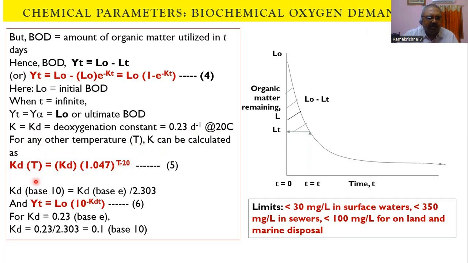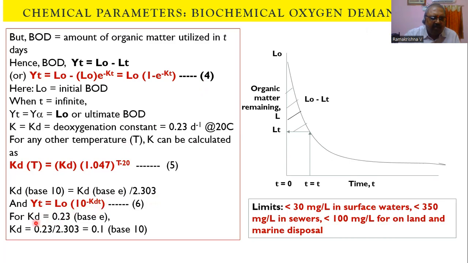Sometimes in textbooks, it is given in terms of base 10 KD. So KD at base 10 is equal to the conversion from natural logarithms to common logarithms, KD at base E divided by 2.303. Similarly, this equation number 4 can be written as YT is equal to L naught into 10 to the power of minus KDT.